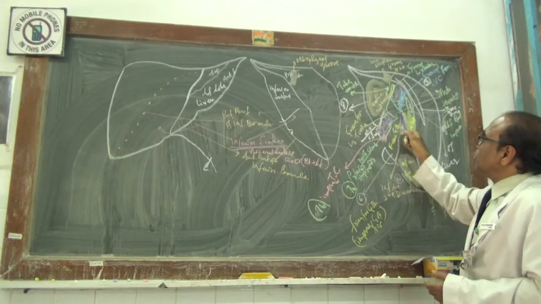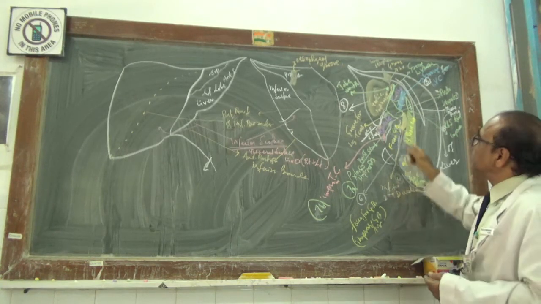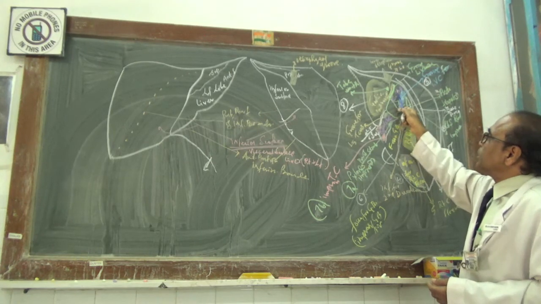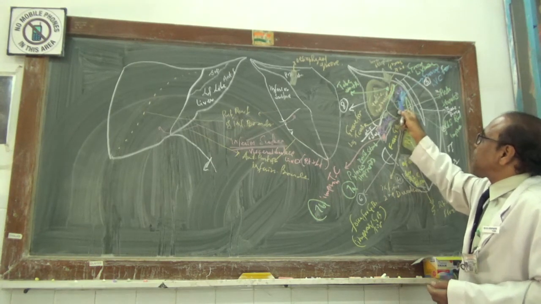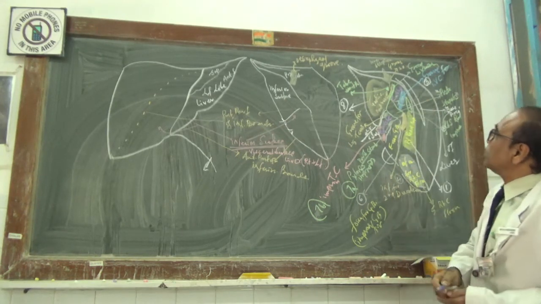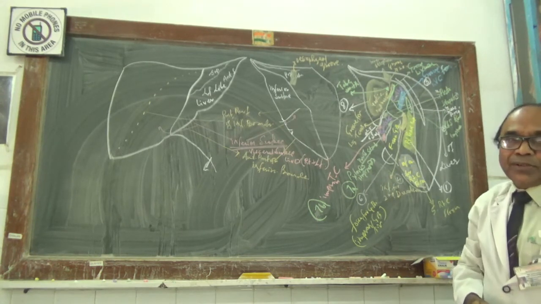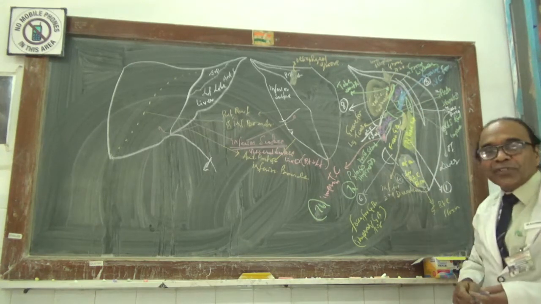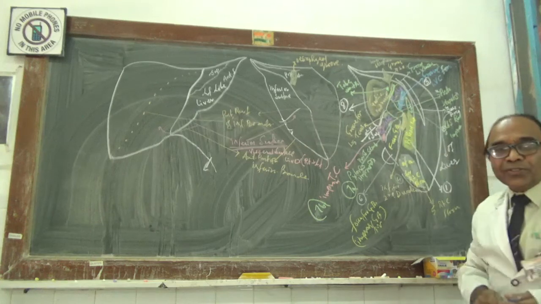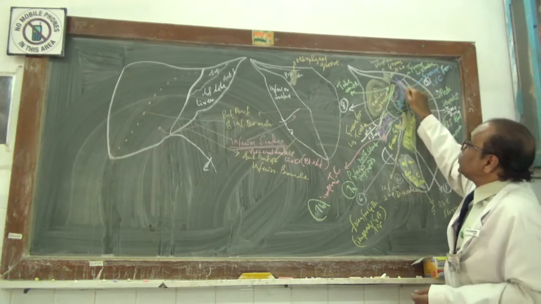Medially, it is related to the porta hepatis. Medially above, it is related to the fissure for ligamentum venosum and the groove for lesser omentum. So these are the gastric impression relations.